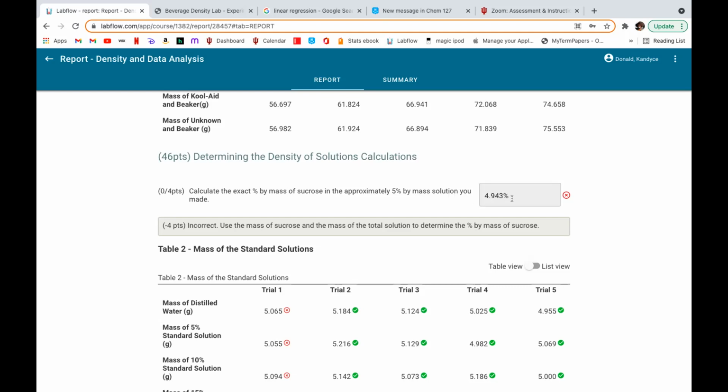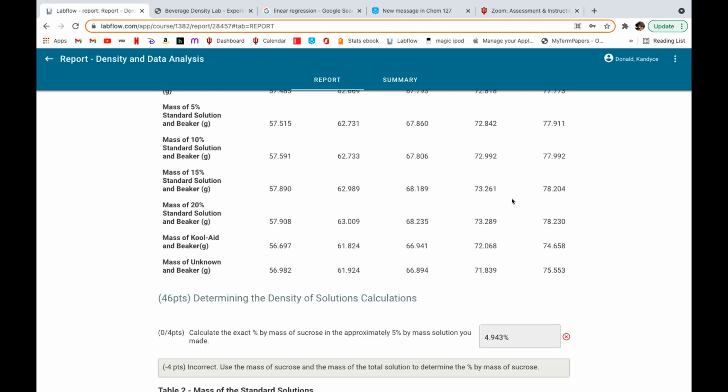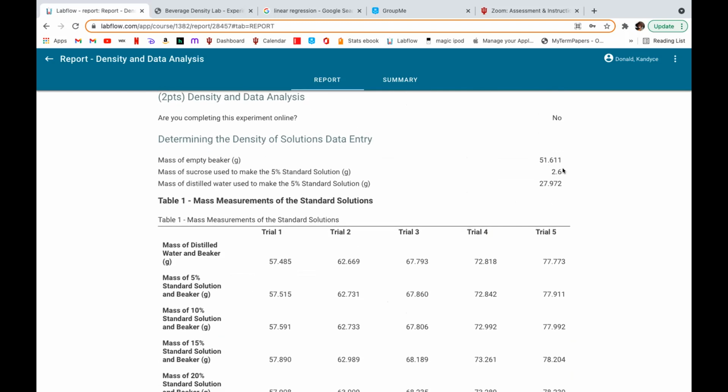I did mass of sucrose over mass of sucrose plus the mass of the solution. Okay, yeah, you should already just have the normal mass of the solution. Our solution was 50 grams. So do I just do this times the 50 grams or divided by the 50 grams?